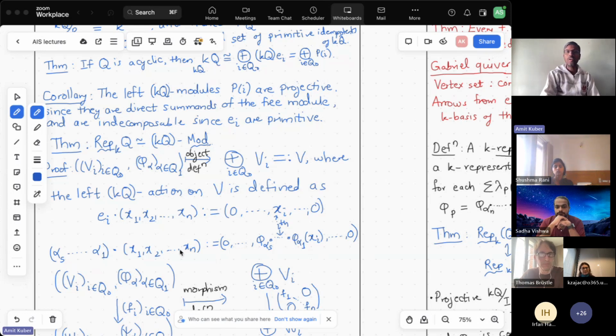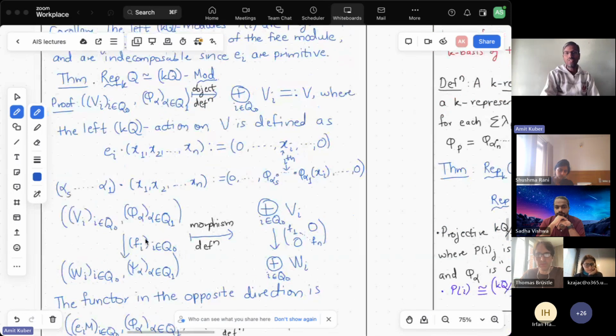So let us see now what to do with morphisms. Once you have a morphism between representations, you simply have maps at each vertex, from V_i to W_i, such that there are some commutative diagrams. But commutativity is a property, so a morphism need not preserve that property. For the homomorphism, you just have to worry about the structural things here.